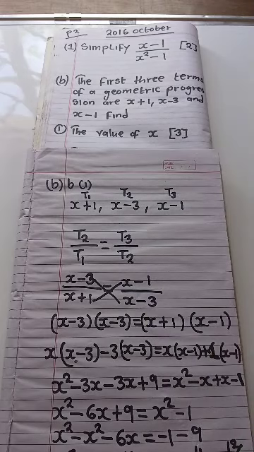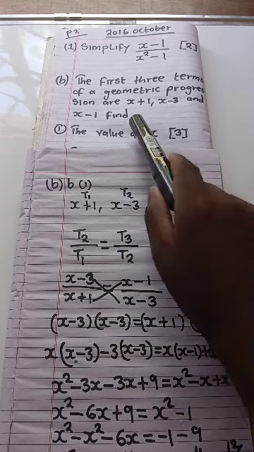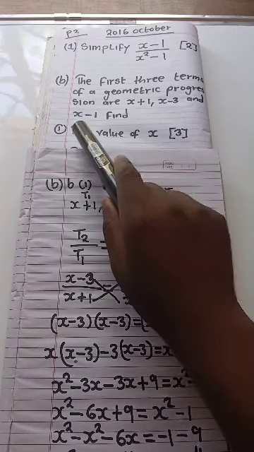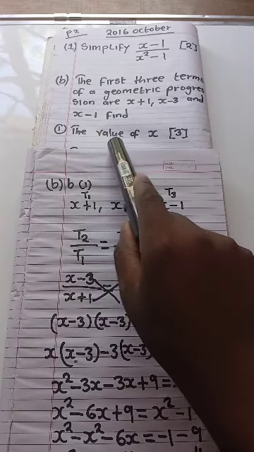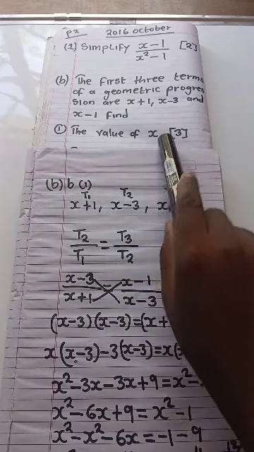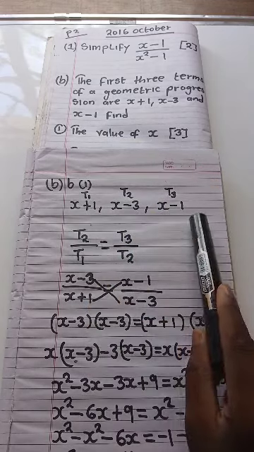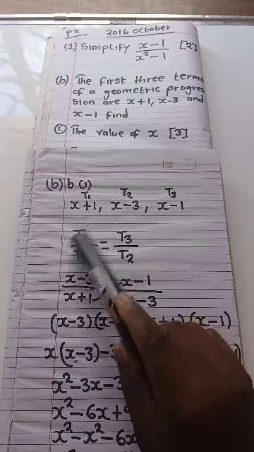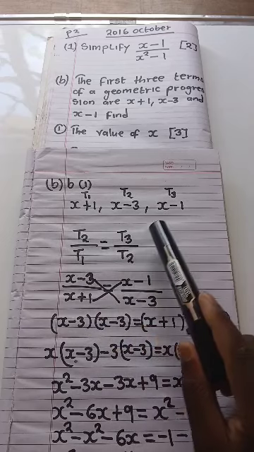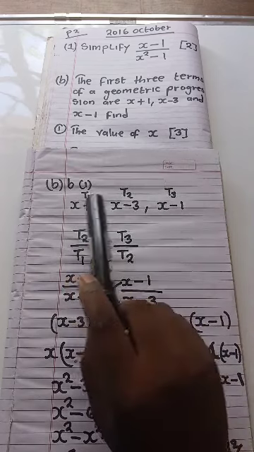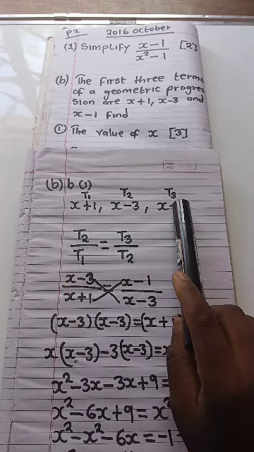So once you have been given 3 terms, like the way they are, x plus 1, comma, x minus 3, and x minus 1, now they are telling you to find the value of x. So the first thing you do, you write your data like this. You say x plus 1, comma, x minus 3, comma, x minus 1. And then you say term 1, term 2, term 3.